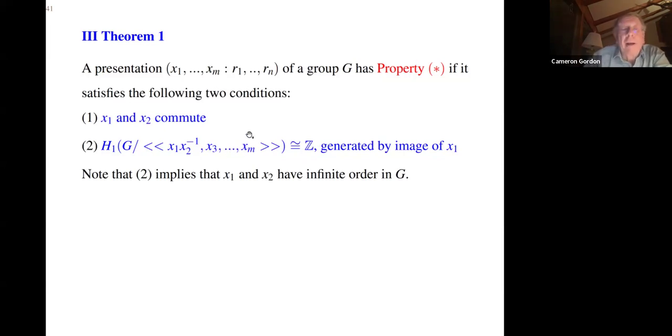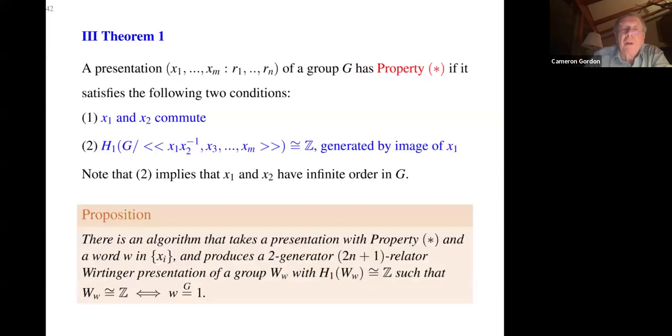Okay, so now the proposition that is going to enable us to prove the theorem is this. This is the main proposition, and I'm going to really give a proof of this. So this says that there's an algorithm that takes a presentation with this property star, and a word in the generators, and produces a Wirtinger presentation with two generators and 2n+1 relations.